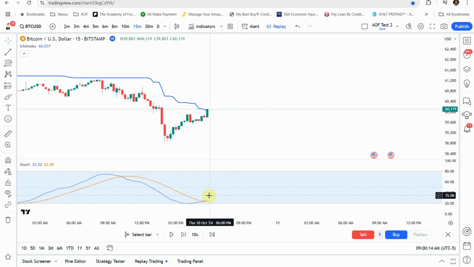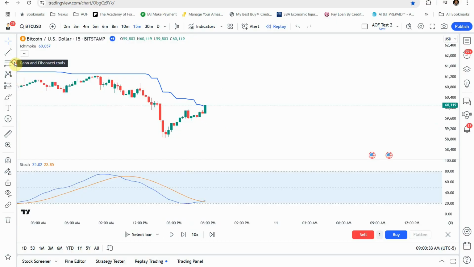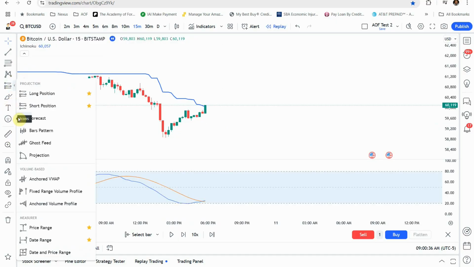And so if the stochastic makes the cross, and by the time price crosses the baseline the lines are in the upper section at all, then it is an invalidation of the signal. Hope that makes sense. So once we have the setup like we have here on screen, of course that will be our signal to then enter into a long.